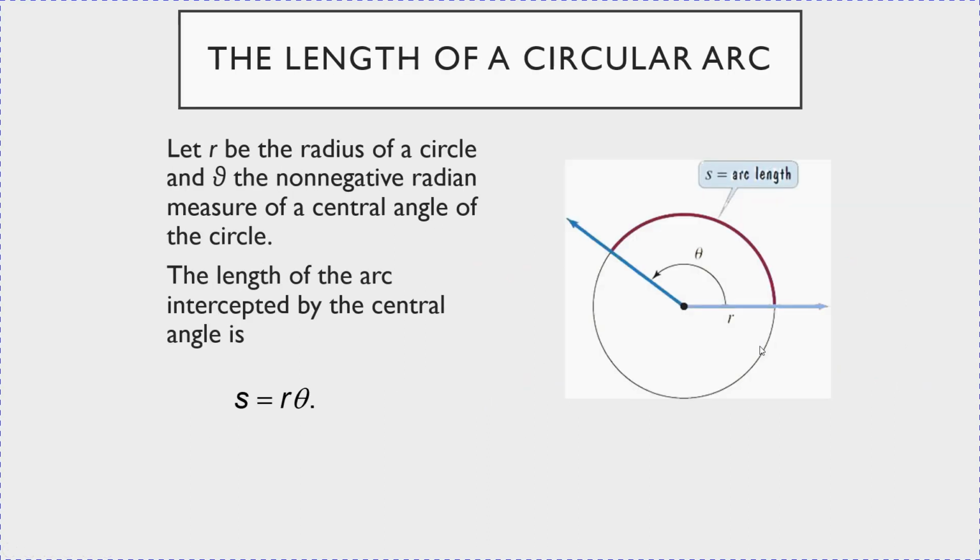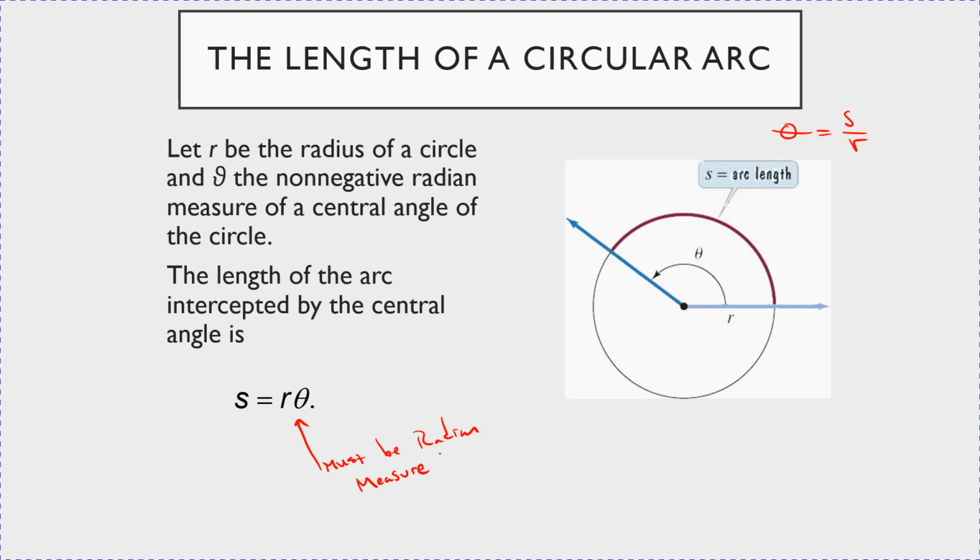So we know the formula for radians is theta equals S over R. Well, if you want to find just the arc length, just multiply by R. So the length intercepted by the central angle theta, the arc length, is given by S. The length of that arc is equal to the radius times theta, as long as theta is in terms of radian measure.